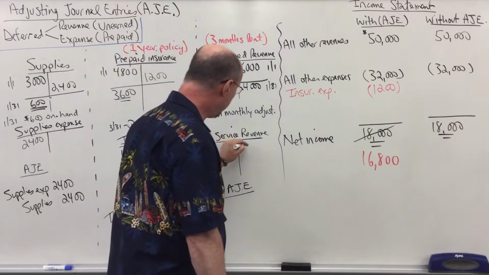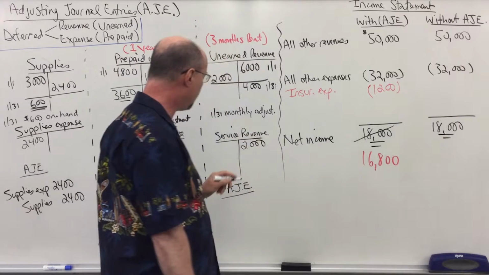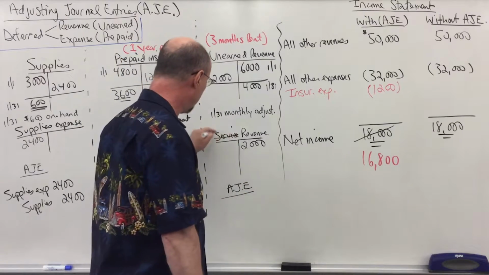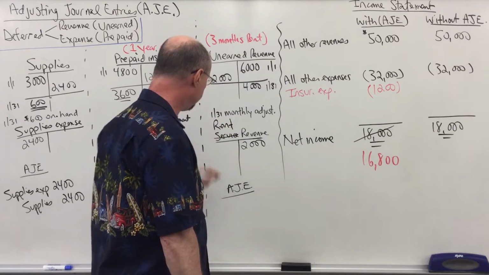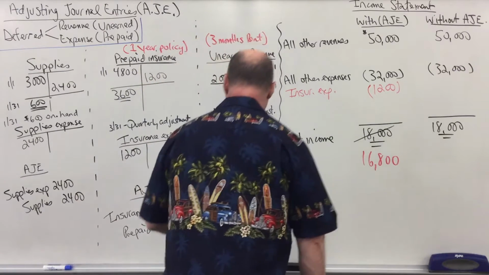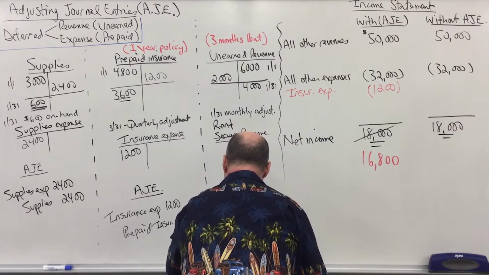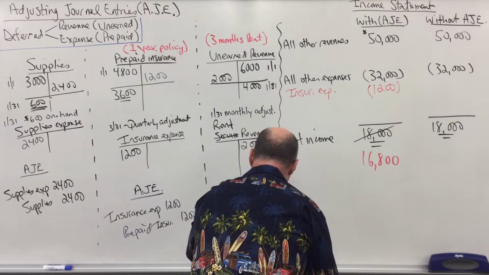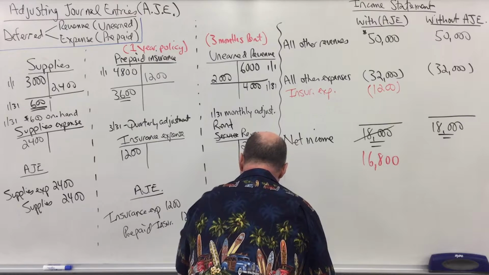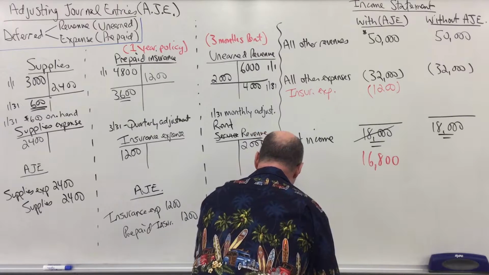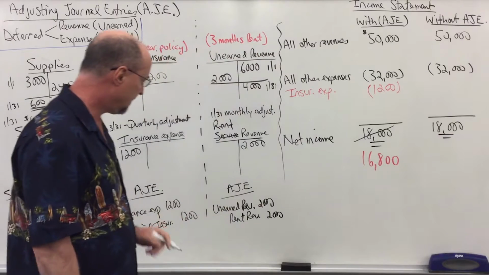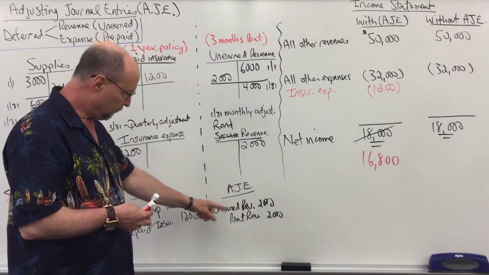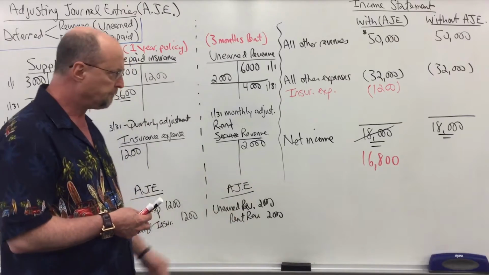And now I'm going to recognize revenue by crediting, not service revenue, but rent revenue in this case. Rent revenue. Okay? And so the adjusting entry, I'm going to debit unearned revenue, and I have to abbreviate, 2,000, and I'm going to credit rent revenue for $2,000. That's the adjusting entry. Unearned revenue, liability balance sheet. Rent revenue goes on the income statement.